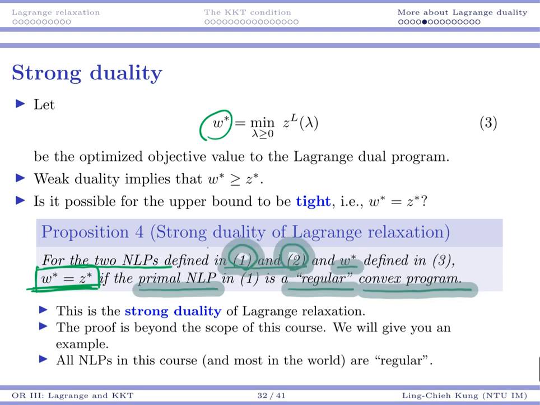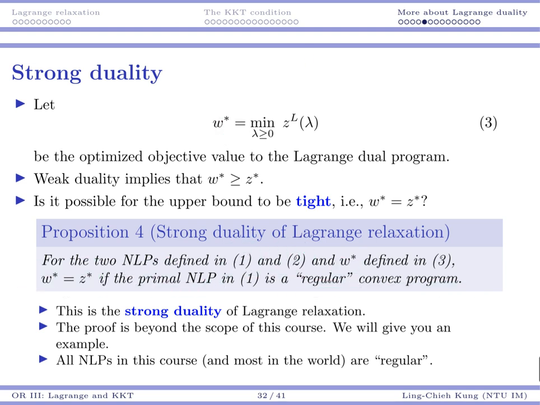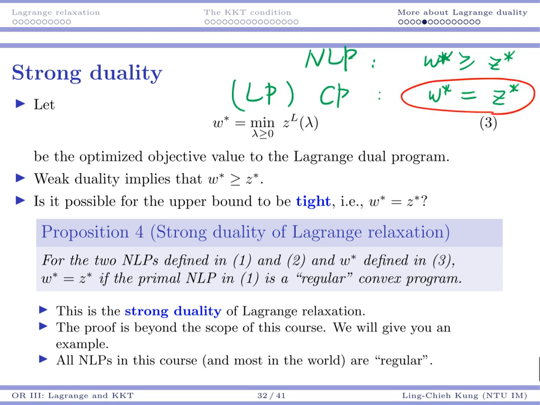Very quickly, as a summary: if we have a general nonlinear program, then we have weak duality, and solving your dual program helps us estimate your Z star. But if you have a convex program, then your W star is going to be exactly equal to Z star. Of course, LP is also one kind of convex program, so it's not surprising that LP also has this result.